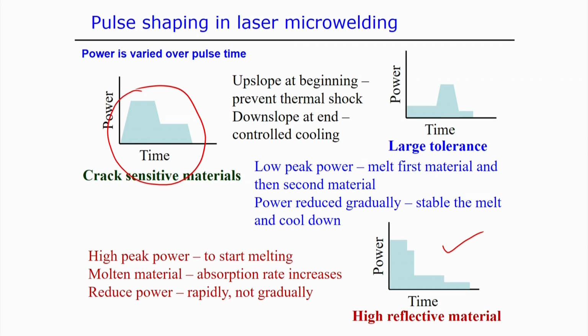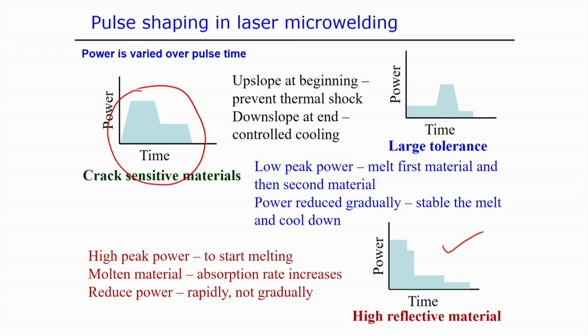High peak power facilitates starting the melting, because these highly reflective materials may reflect most of the laser energy. So, initially we can start with a very high amount of power to initiate the melting process. Then once the molten material forms, the absorption of the laser power actually increases after formation of the molten pool.